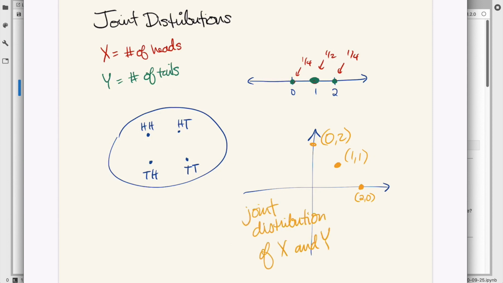The resulting probability measure in the plane is called the joint distribution of x and y, and it tells us everything that we could want to know probabilistically about the way that the random variables x and y are related to one another.